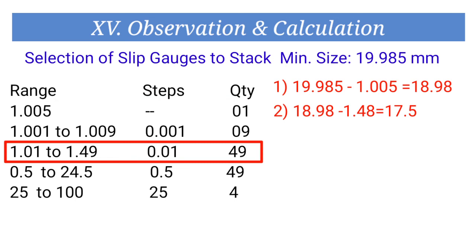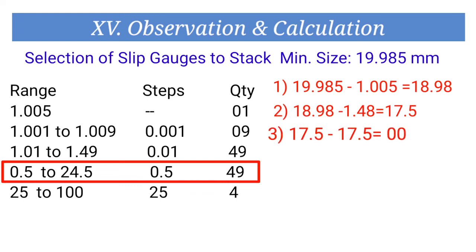Now for this, 8 is the last digit. So from the given box, select the slip gauge from the step of 0.01 mm, that is the slip gauge of 1.48 mm. Subtract it from 18.98. The remainder is 17.5.